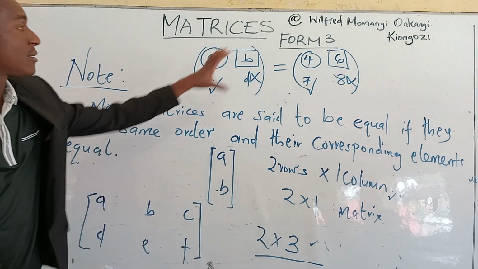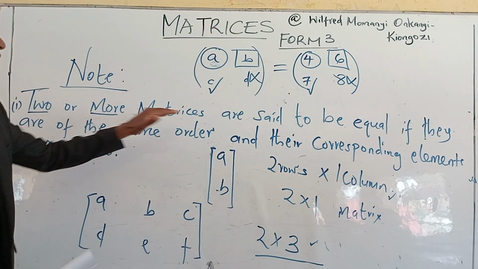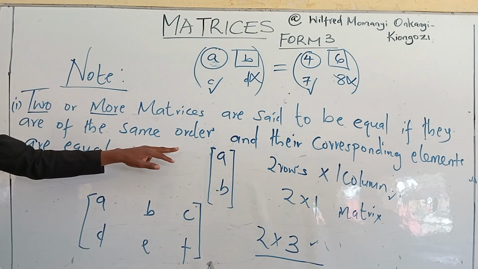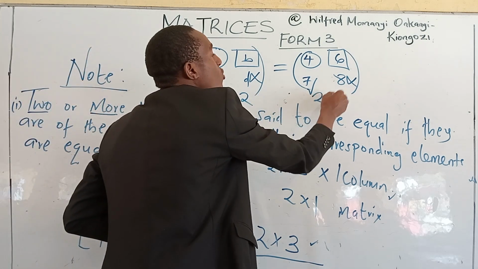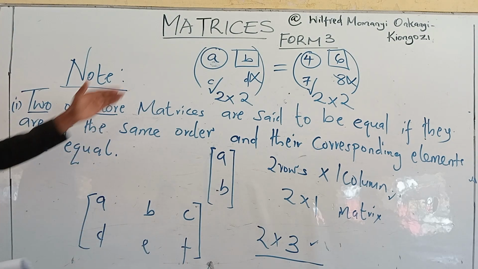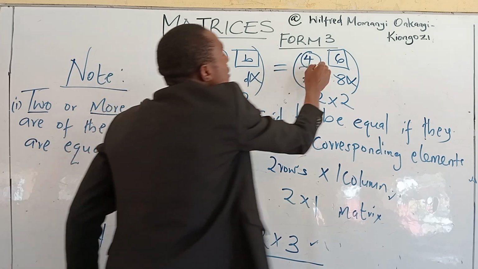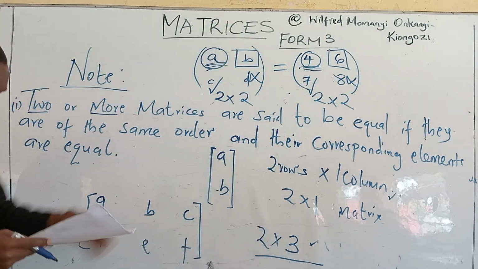Two or more matrices are equal if they are of the same order. This one is a 2 by 2, and this one is also a 2 by 2, so they are of the same order. The last thing is the corresponding elements. So A corresponds with 4, and the rest of the elements as we put it.